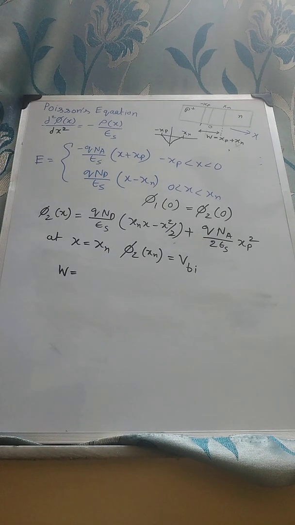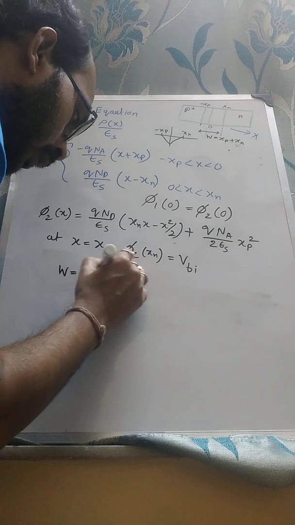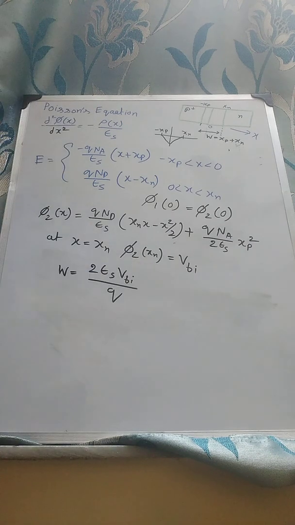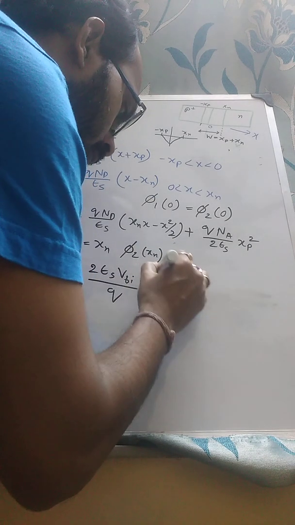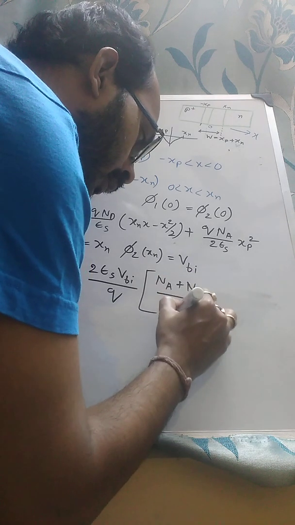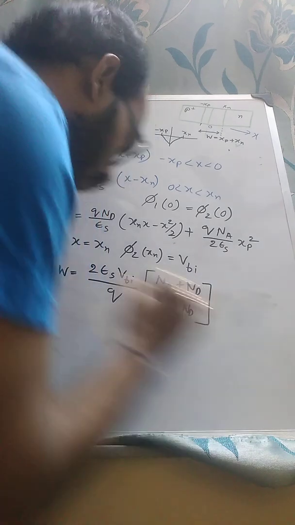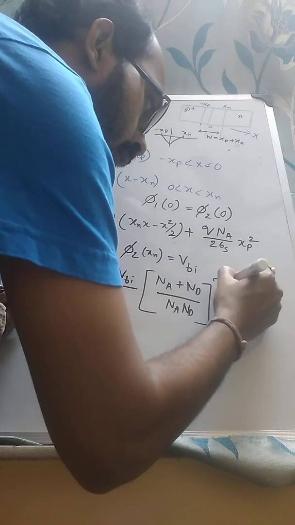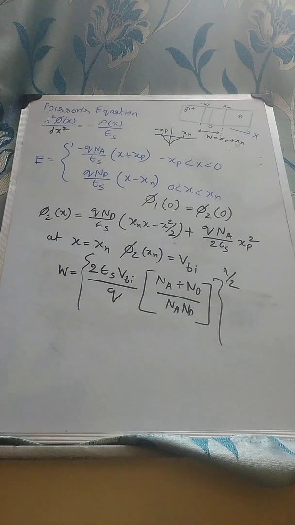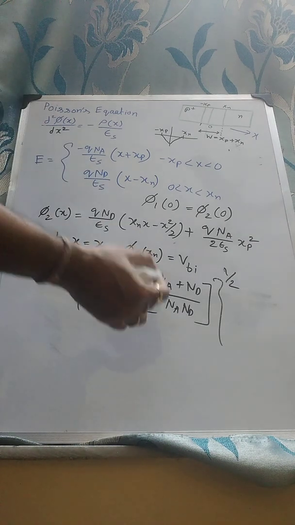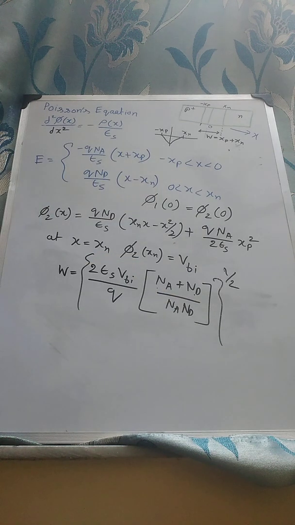The final value of W is the square root of twice epsilon s VBI divided by q into (Na plus nd) over Na nd. This is the value of depletion width for a given doping profile.